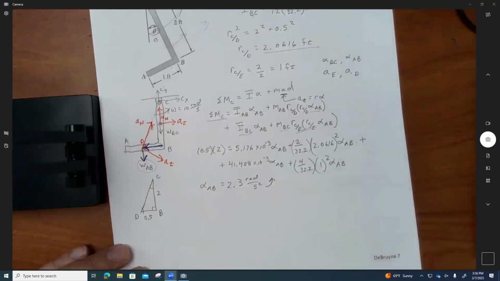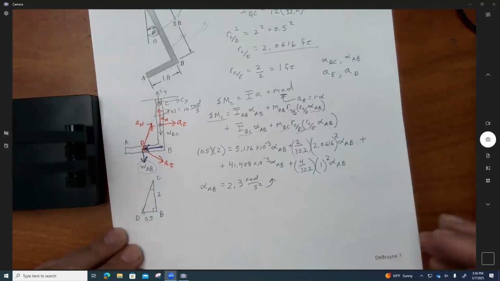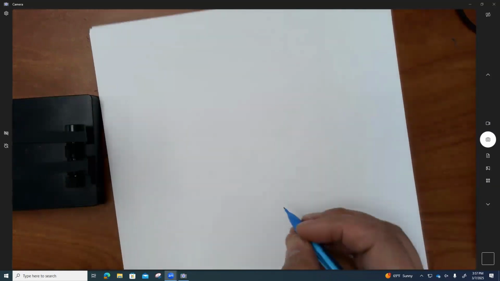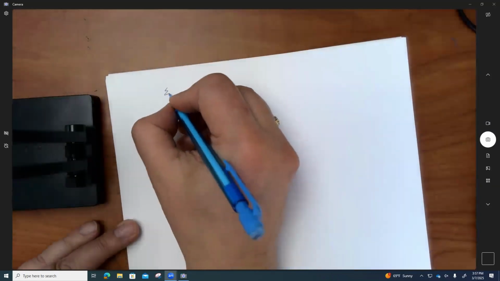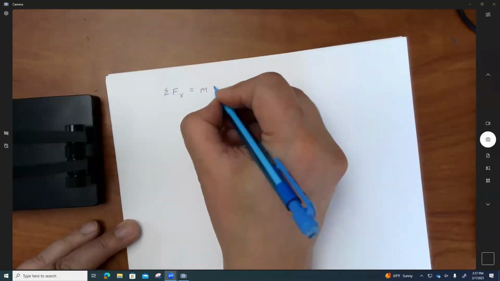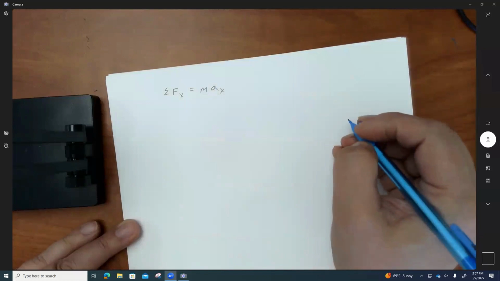All right, now to move on to the portion of summing forces in the X and the Y direction. Summing forces in the X direction equals mass times the acceleration in the X direction.